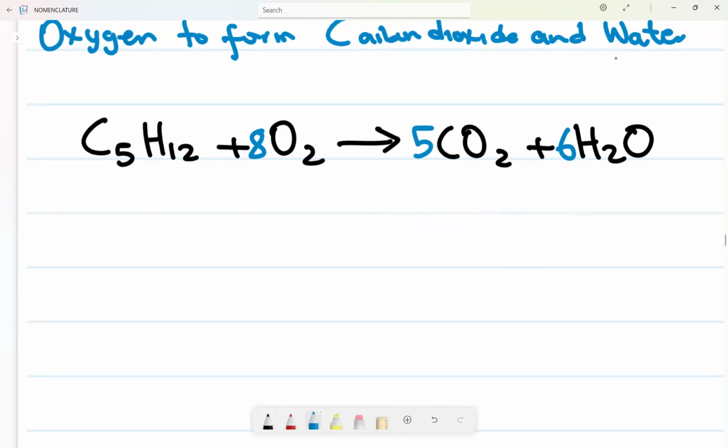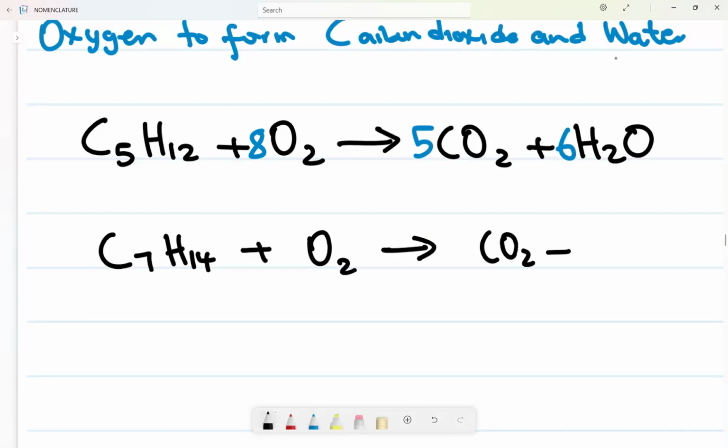What if you do not have a nice number? Let's say we have C7H14 plus, remember it's always going to react with O2 to form carbon dioxide plus H2O.